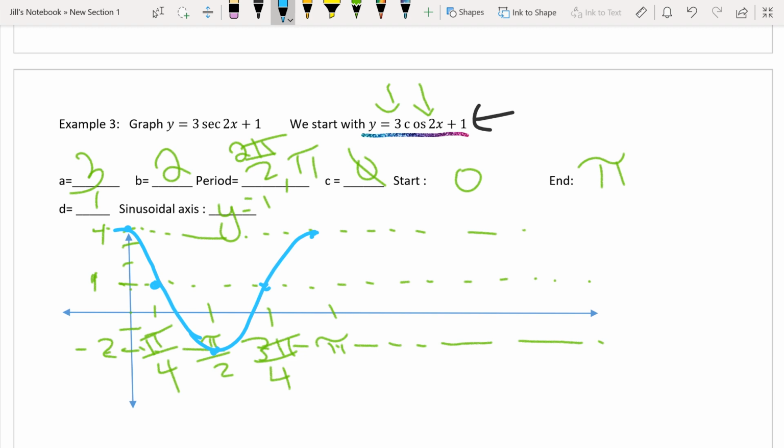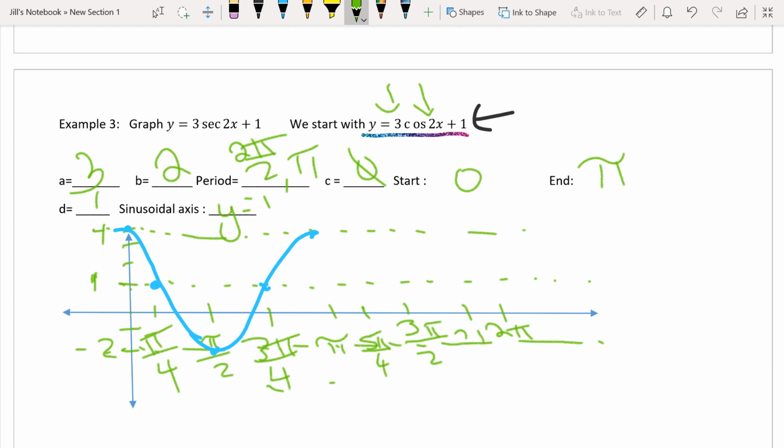Next period is going to end at 2 pi. So halfway in between pi and 2 pi is 3 pi over 2. Halfway here would be 5 pi over 4. That would be 3 pi over 4, 4 pi over 4, 5 pi over 4, 6 pi over 4.